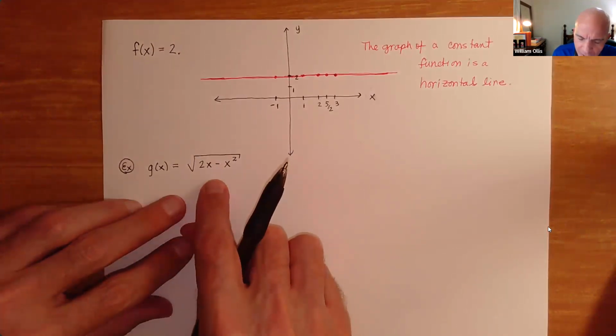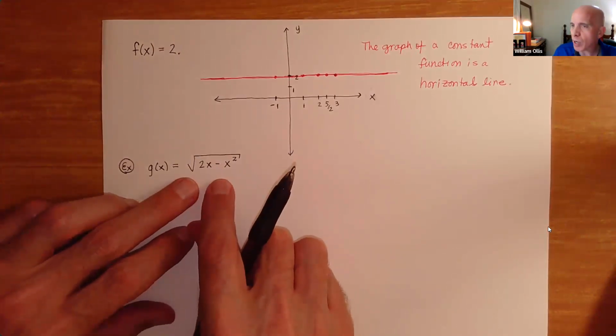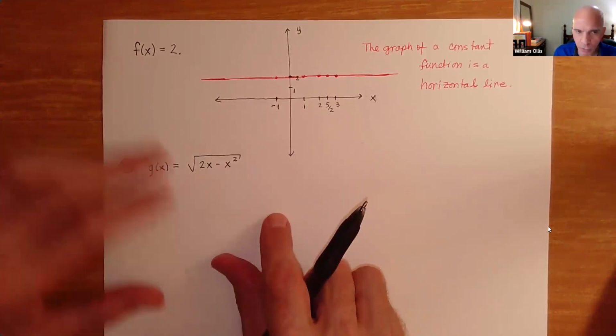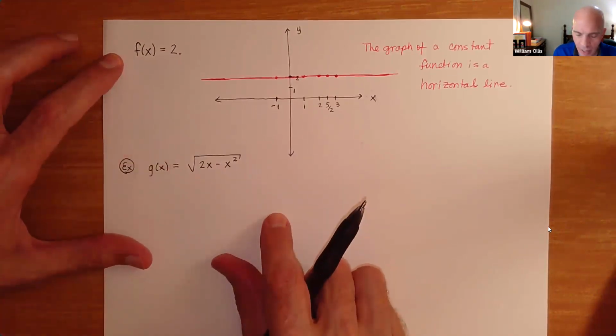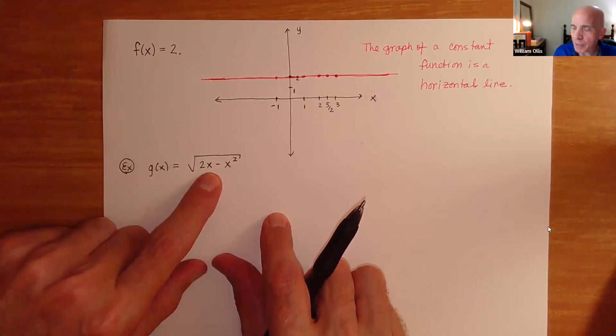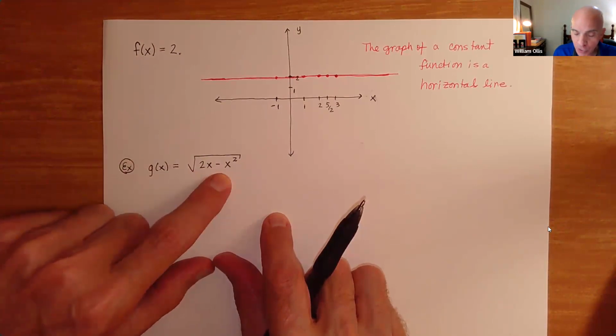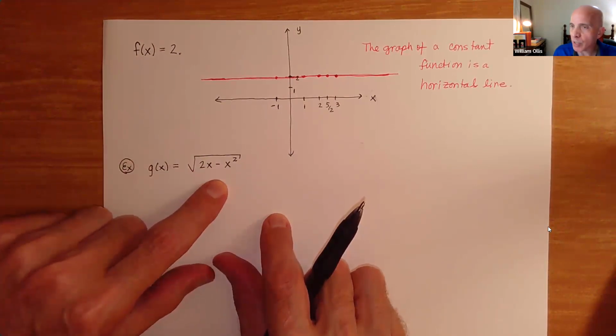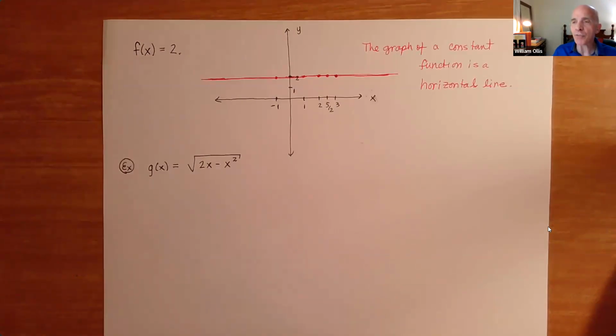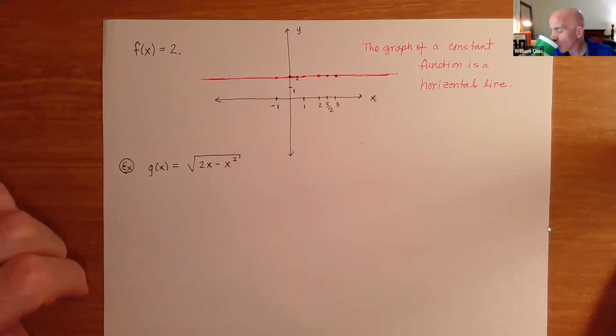Now, when you look at this, you're thinking, well, this is more complicated than the f of x equals 2. And so now when we input a particular value of x, we have to compute 2x minus x squared, and then we have to take the square root of it. Now, this is where we need to think about sets of numbers.